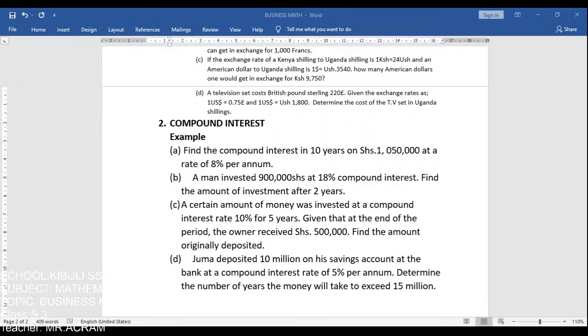Okay, now I want to do some examples here. First of all, compound interest.